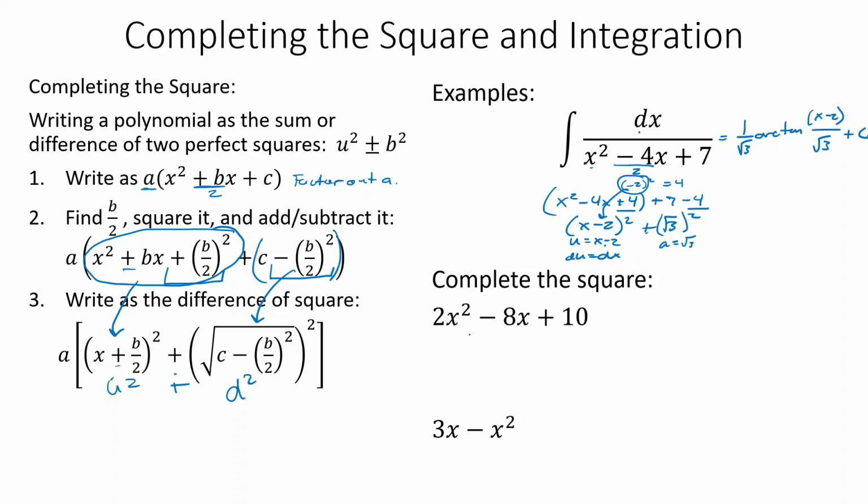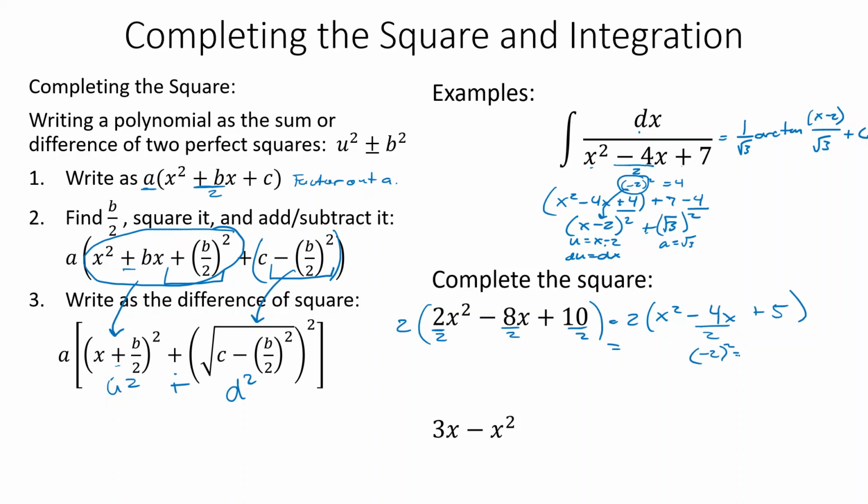All right, we'll just practice some completing the square down here, and then we'll go on to the next one. So again, if we have a number here, we factor it out. So we're going to divide everybody here by 2, and we're going to write the 2 out front. So we get 2 times x squared minus 4x, same thing as that one, plus 5. All right, so now we take this guy, we divide it by 2, which gives us negative 2.